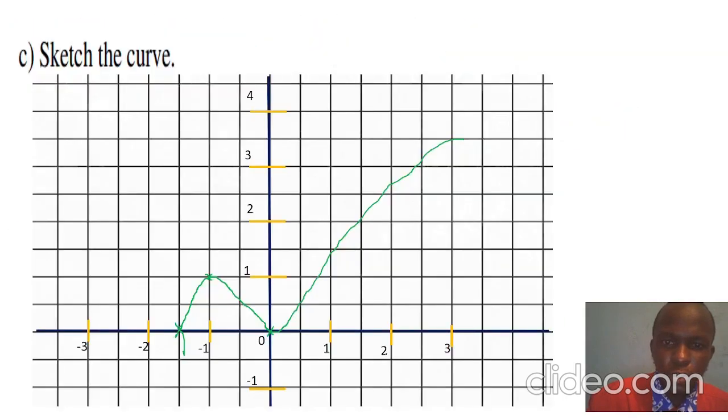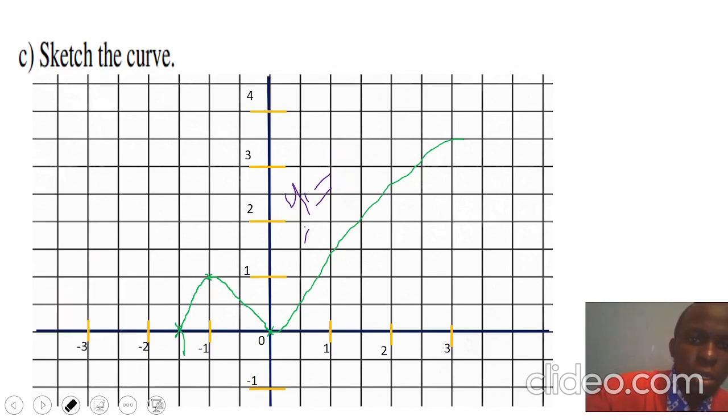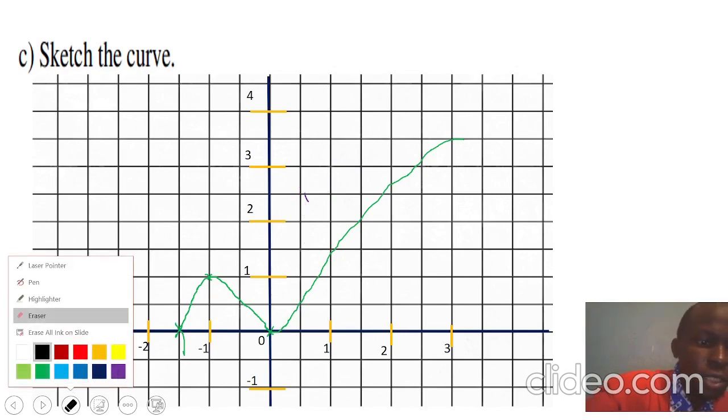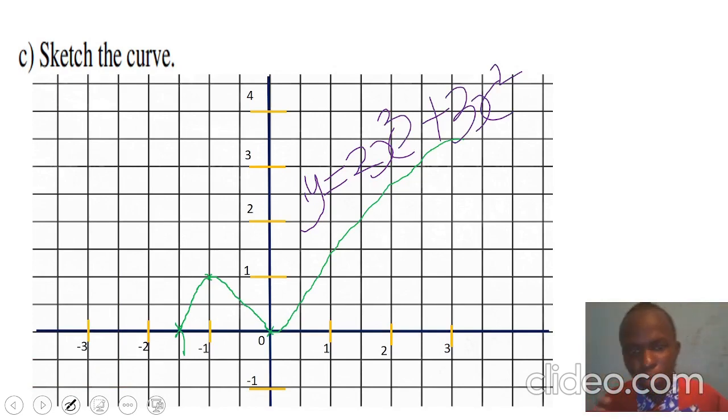So we have to label the graph. Y is equal to 2x cubed plus 3x squared. So the graph has been labeled. So that is the graph.